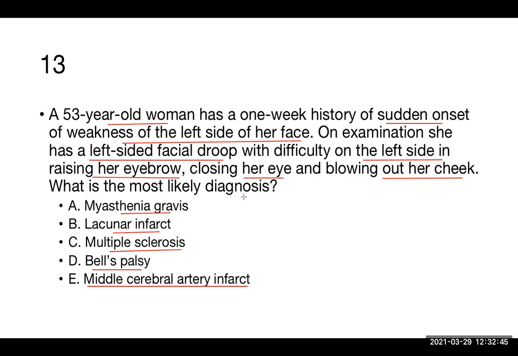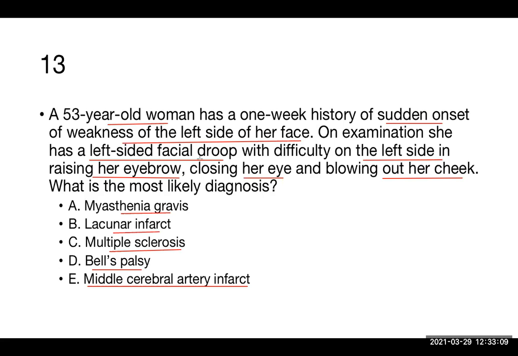Everybody, whoever is watching or listening, this is a very, very important case scenario for you. We can ask the question in many different ways, but if you understand the concept, you will never attempt it wrongly in the future. See this, sudden onset weakness of the left side of the face.